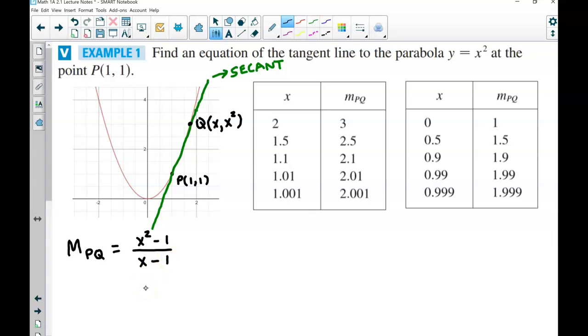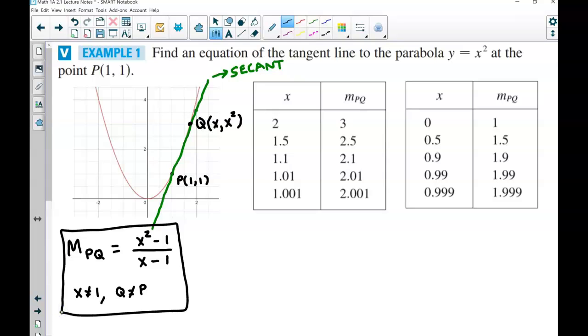That is our general slope form for this particular equation. We have to make sure that x does not equal 1, because in this scenario it would make it undefined, and we also need to make sure that Q does not equal P.